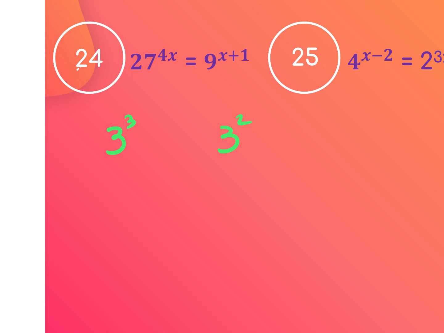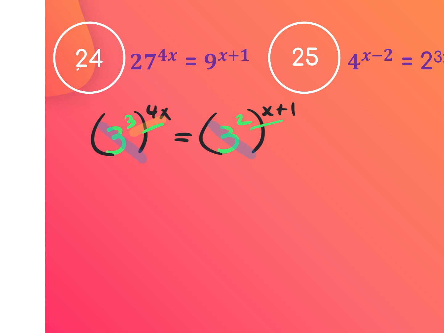Now, I still have the powers that are there. And now that the bases are the same, get rid of the 3's. And now, power to the power, we need to multiply these. So 3 times 4x and the 2 and distribute it to the x plus 1.